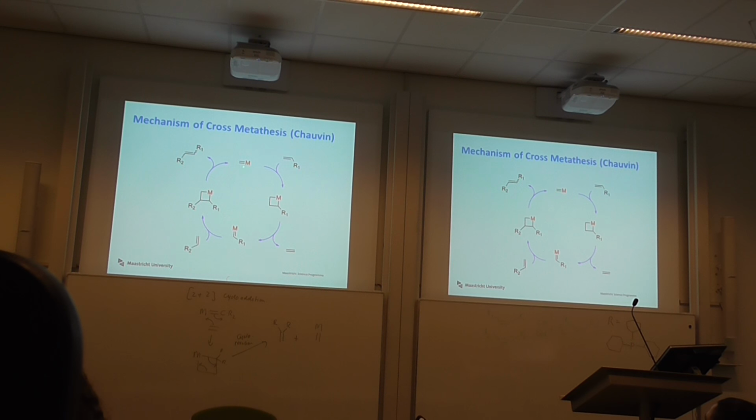So you have a catalyst, you have two alkenes, one decorated with an R1, one decorated with an R2. You do the alkene metathesis in this way. The first alkene coordinates, you eliminate ethylene, and you form this new carbene. The second guy comes in, the R2, you get a 2+2 cycloaddition, cycloreversion, elimination of the products, and you reform.